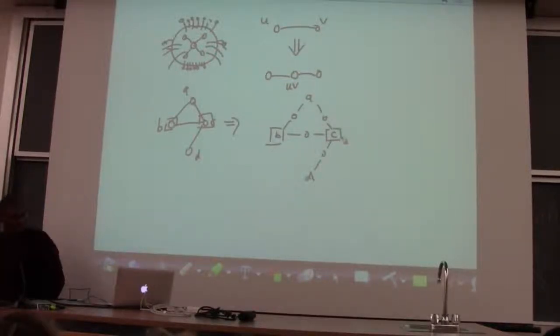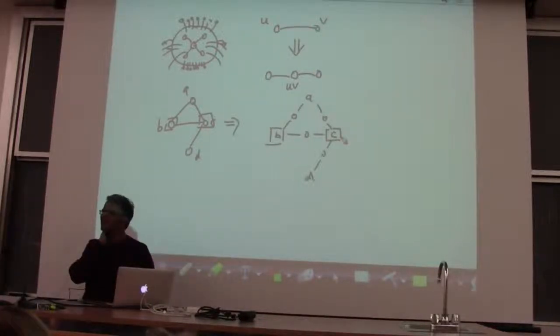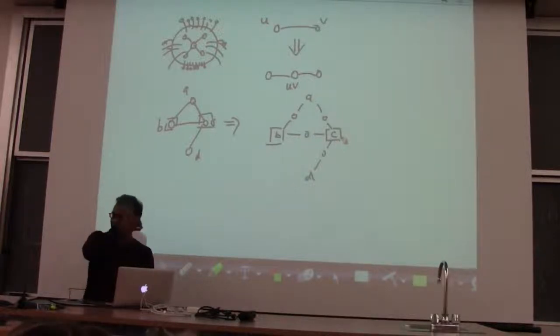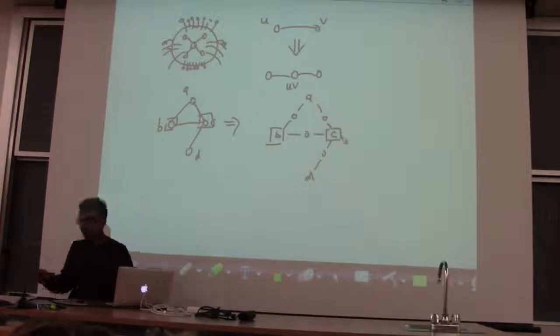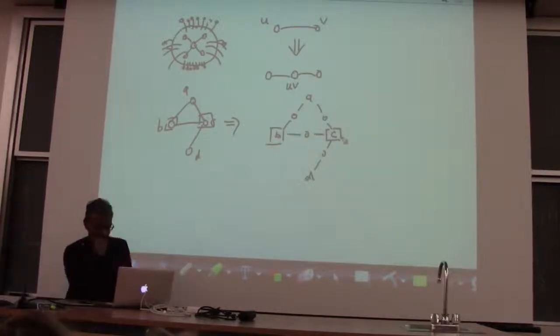Okay, so I'm not sure. Let me think for a second. I think you have to do a vertex cover on that second subgraph. That's not what I'm doing. I'm computing a dominating set in the second graph. My reduction is going in one direction. I think I'm doing it a little bit differently here. Let me just think for a second.